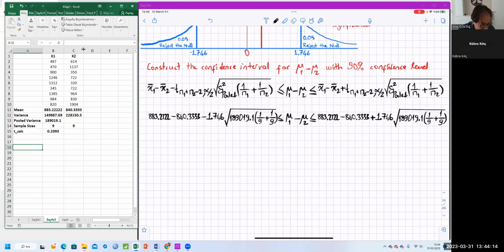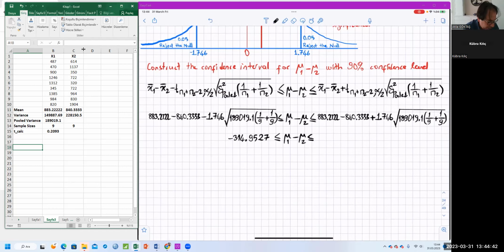Yeah, I found the lower bound as minus 314.9527. That's for mu1 minus mu2.